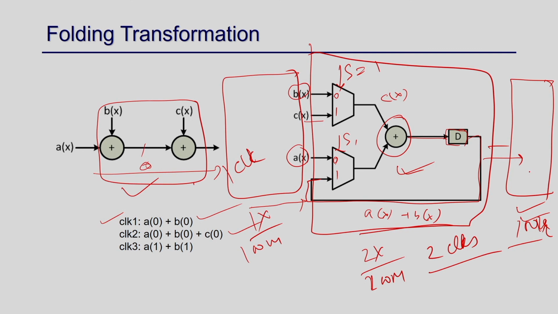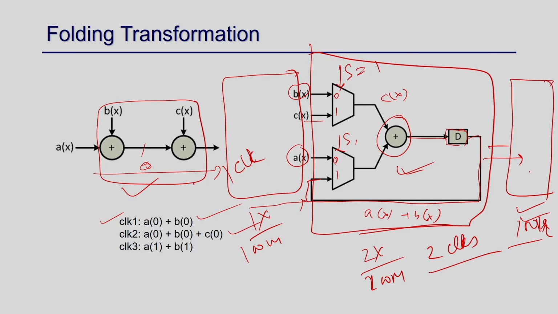For them it is still running at 100 megahertz, because earlier also they were sending the input in every clock. In the modified circuit also they are able to give the input or output to this module in every clock, because this circuit is running at faster speed. One clock of this circuit means 2 clocks of the folded circuit. So the interface remains unchanged.